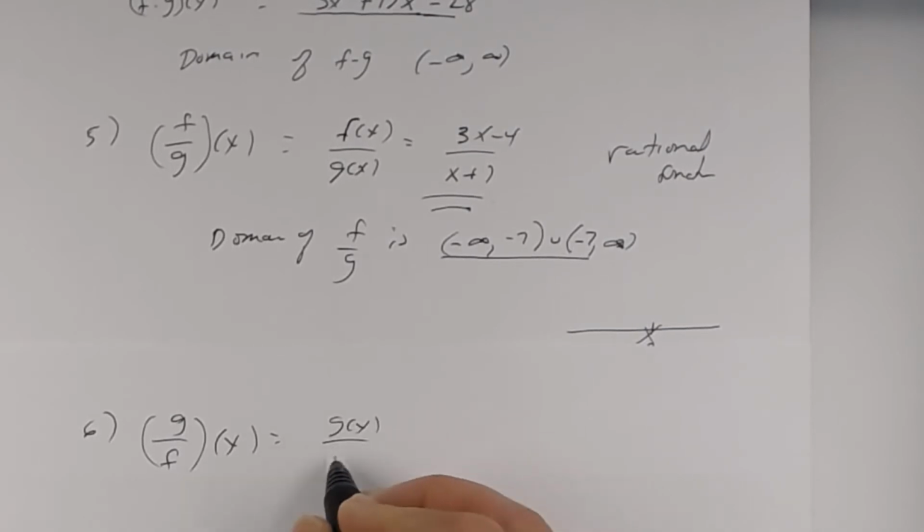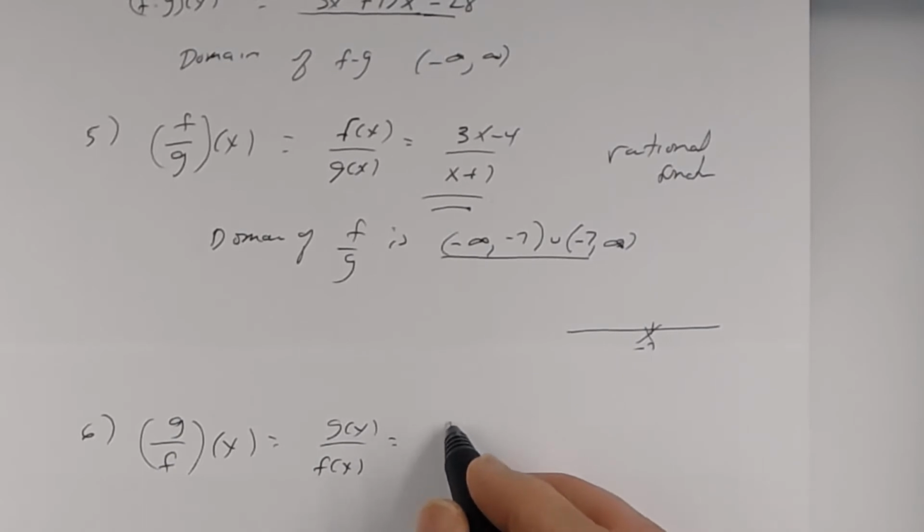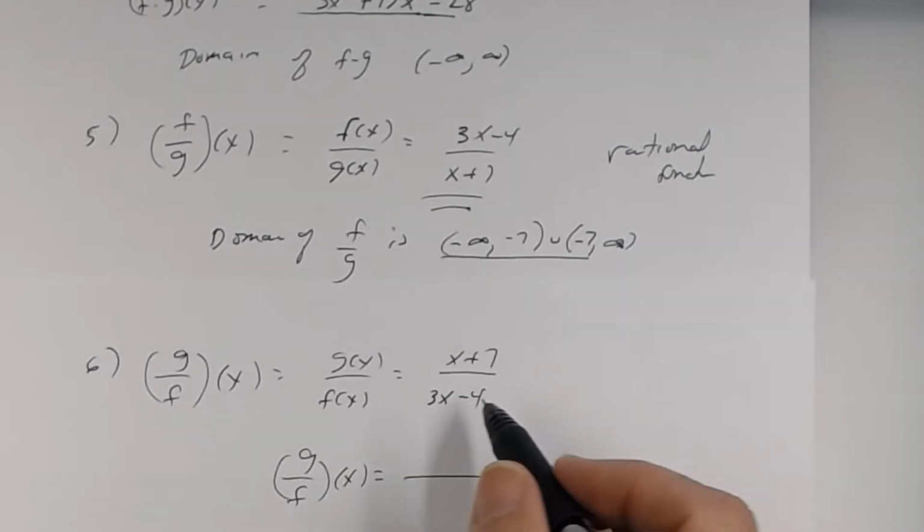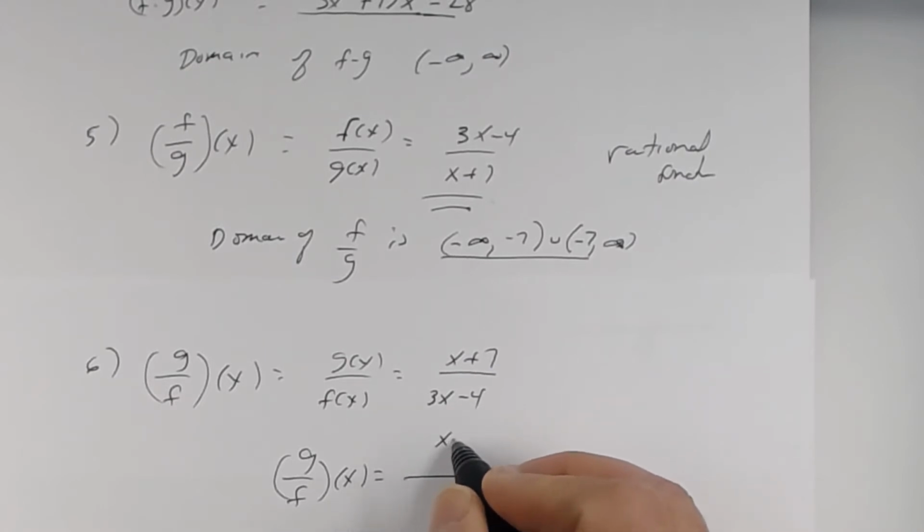G of x divided by f of x. What is g of x? X plus 7. What is f of x? 3x minus 4. So in the blank, you would put this rational expression.